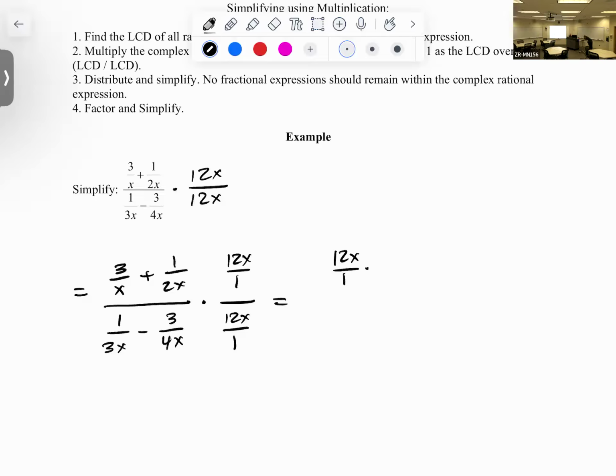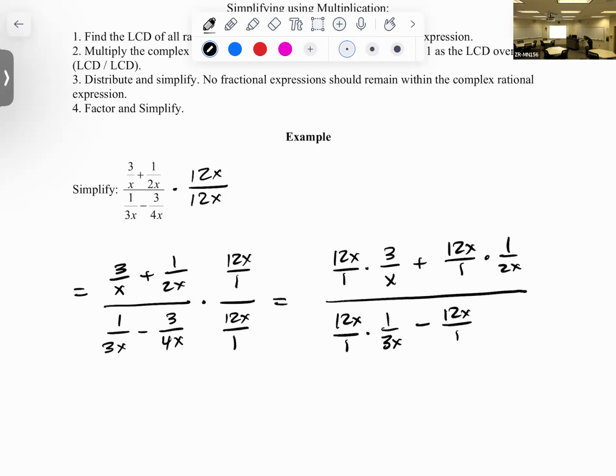I need to multiply that 12x into every single piece. So once I multiply that 12x over 1 into each of the 4 pieces.